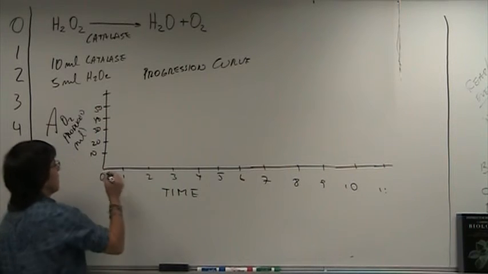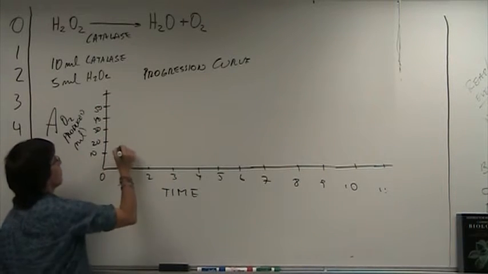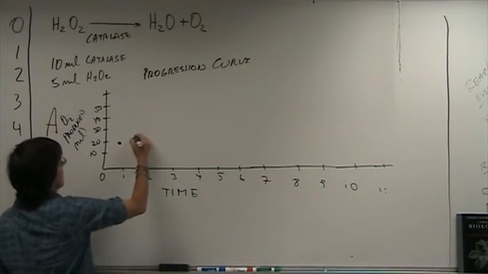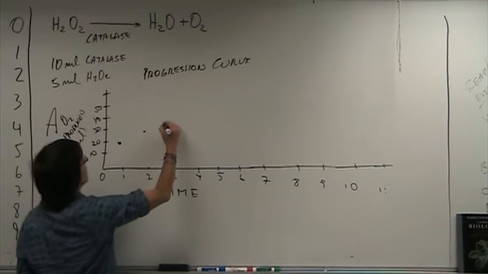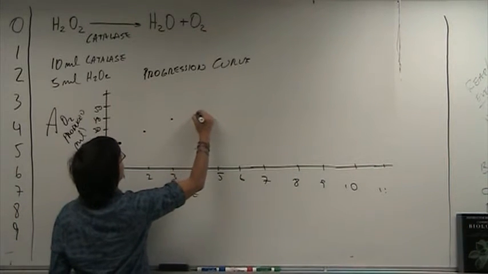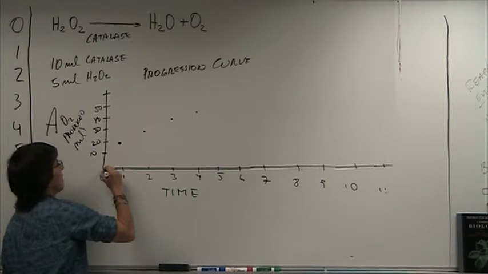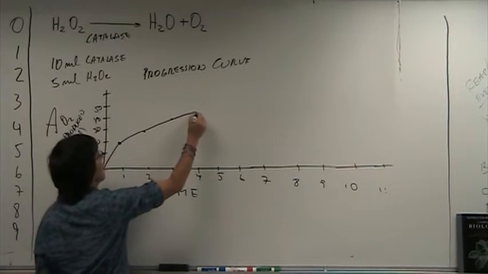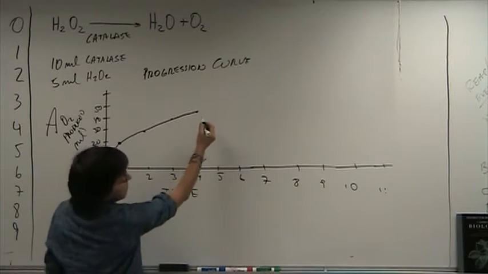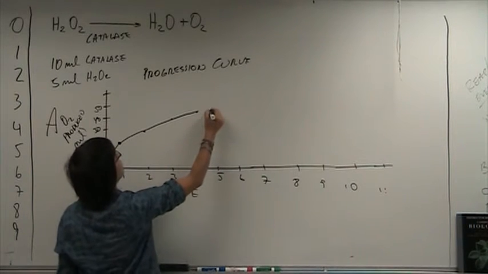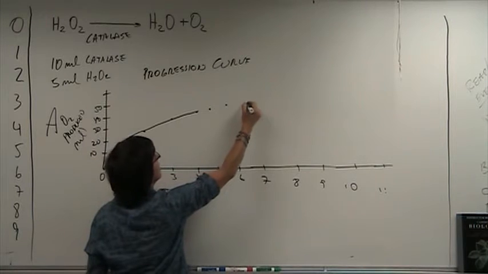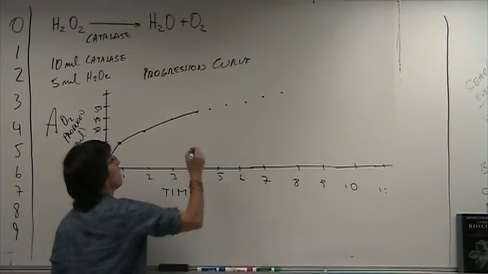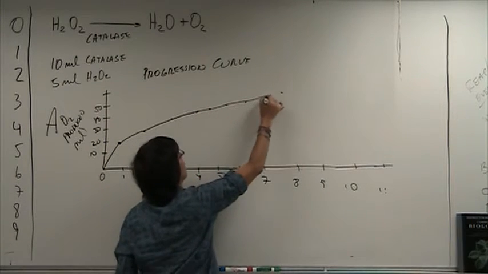And what most people are noticing is that in the first minute you have about 20 mLs, then the second minute, third minute. Notice in the first minute is when you get the most, and then by minute 5 you are close to 40, and then very slowly the oxygen keeps on increasing, but very, very slowly.